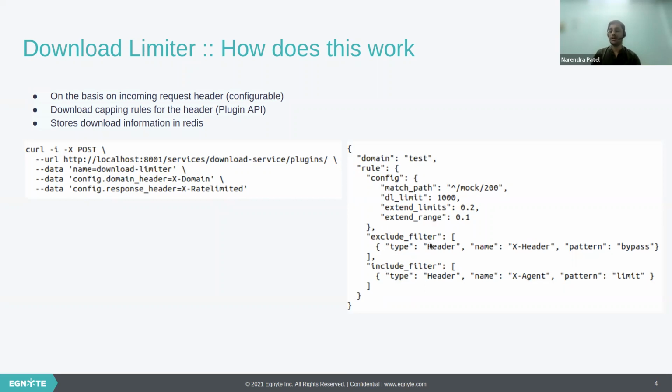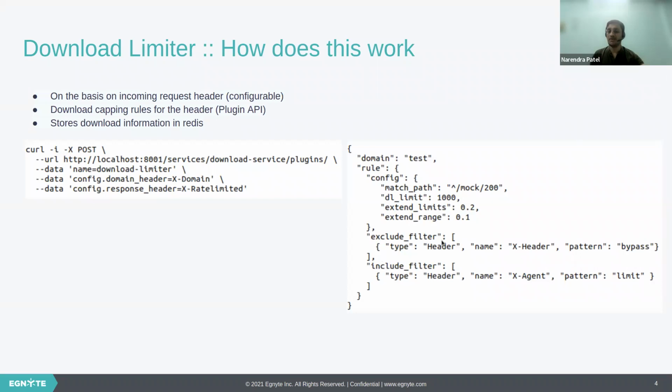Now let's say you have identified with your header the entity that you want to rate limit, but you might have certain priorities for certain requests, and you do not want certain requests to be rate limited, so you can exclude them. You can specify the header and the pattern with which you want to exclude them.